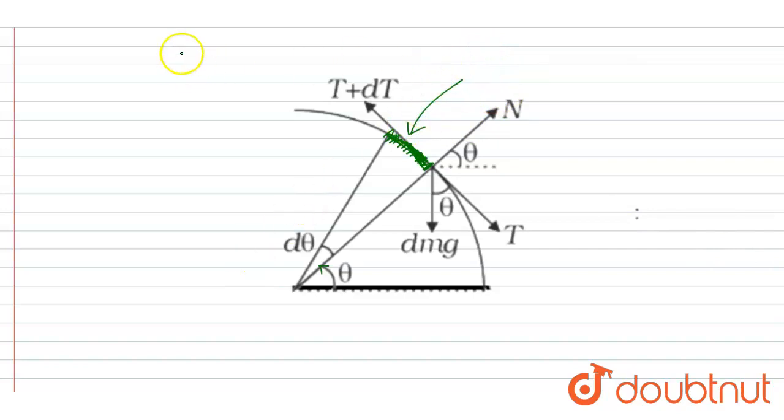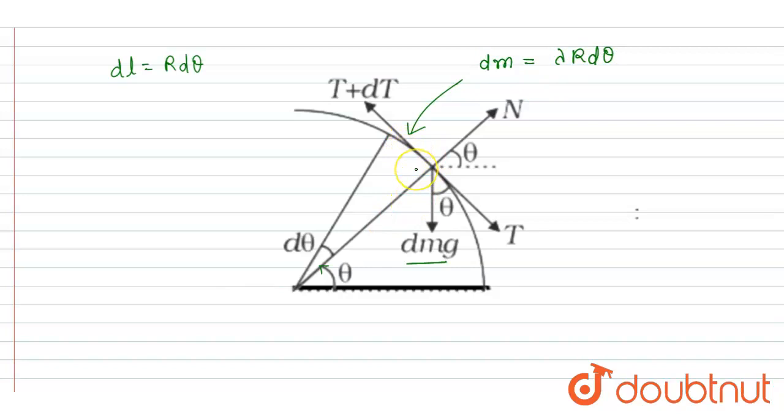The length is simply the arc length, r d theta, and mass per unit length is lambda. So dm, on which dmg acts in the downward direction, is lambda times r d theta.